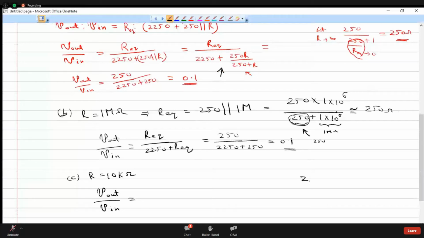Now R equivalent becomes 250 parallel 10 into 10 power 3, which is 243.9.